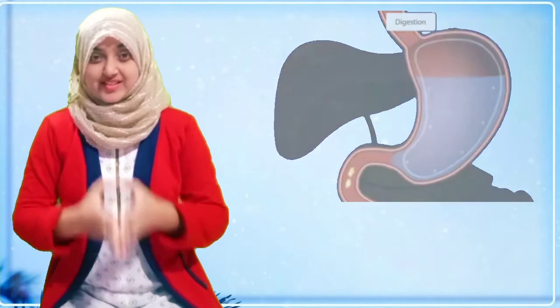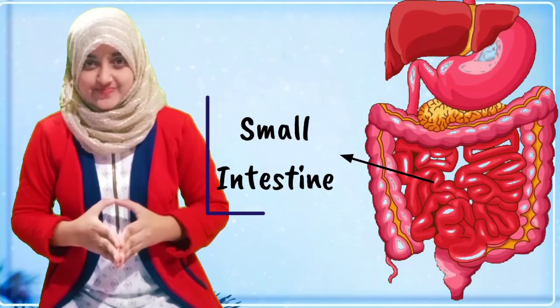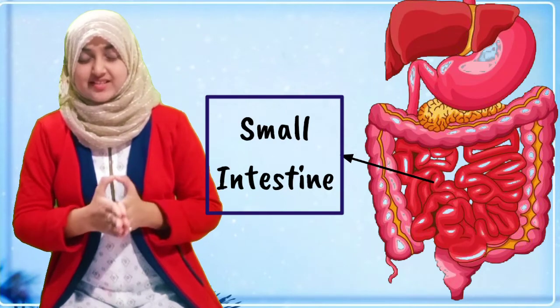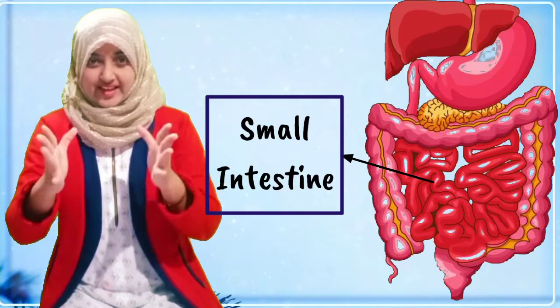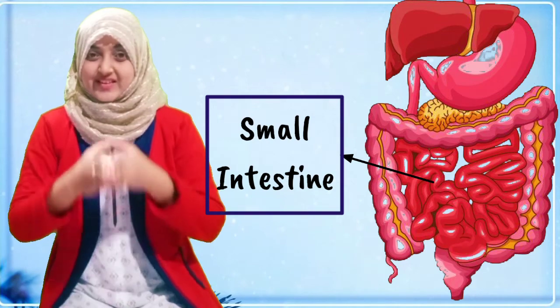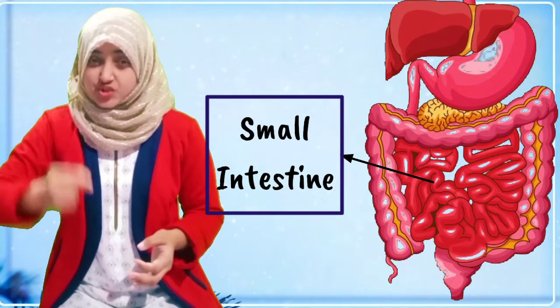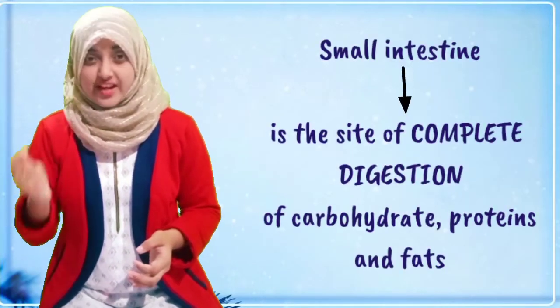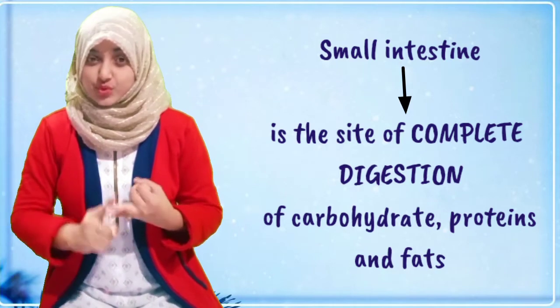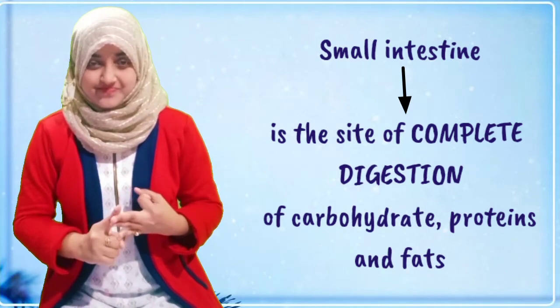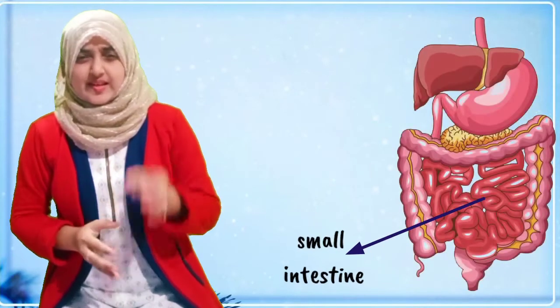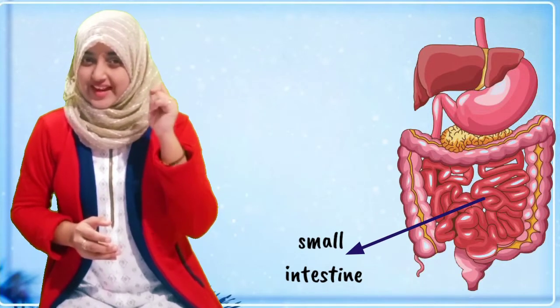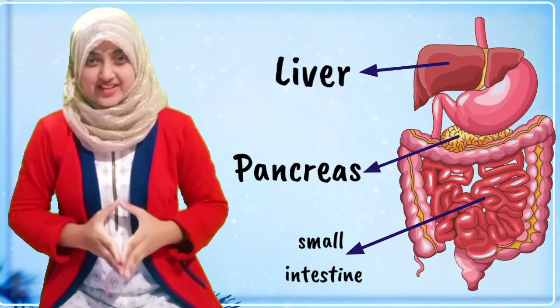The partially digested food now enters the small intestine. The small intestine is the longest part of the alimentary canal. It is the actual site of complete digestion of carbohydrates, proteins, and fats. For this purpose, it takes help from glands like the liver and pancreas.